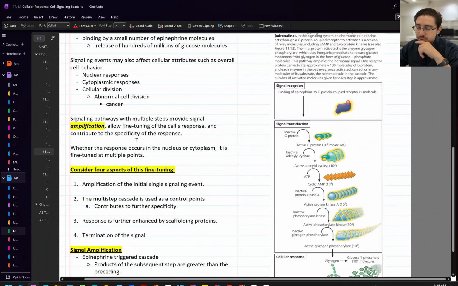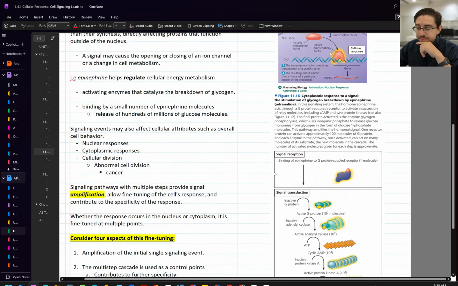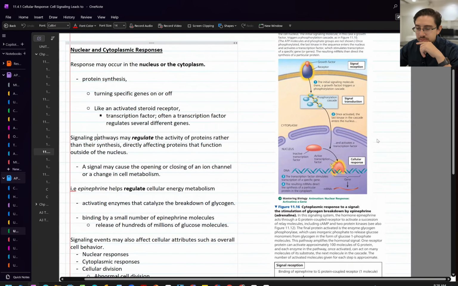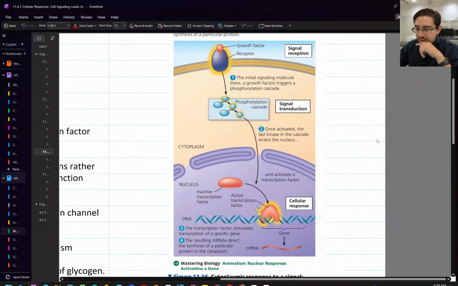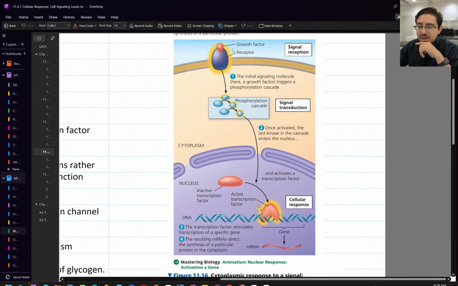Now, before I get into the idea of amplification, I just want to show you the visual of what I'm talking about. Okay? So you have some ligand activating a receptor, and this ligand maybe could be a growth factor. Okay? Fibroblast growth factor, FGF maybe, which will elicit this whole phosphorylation cascade. I won't go into so much detail there. You can see it in the little visual.